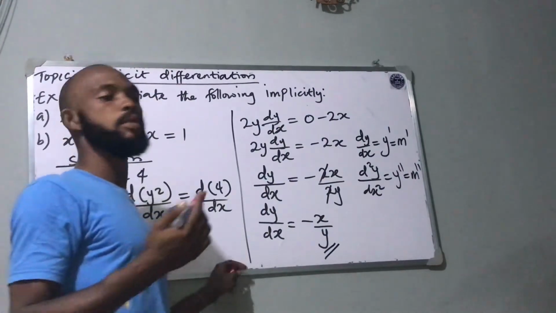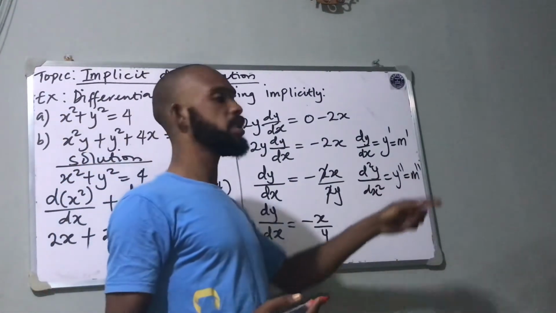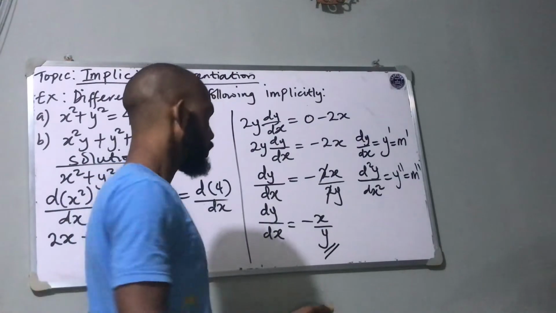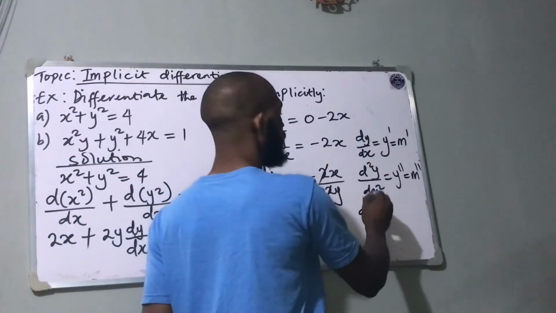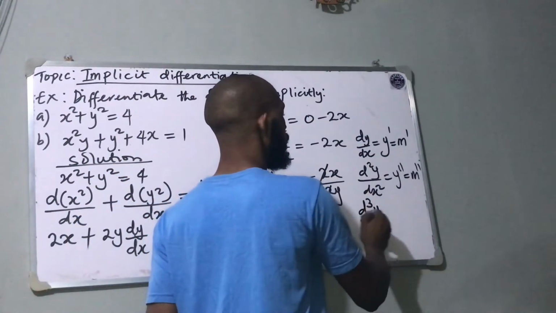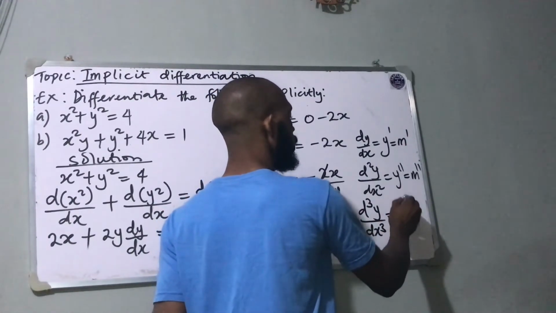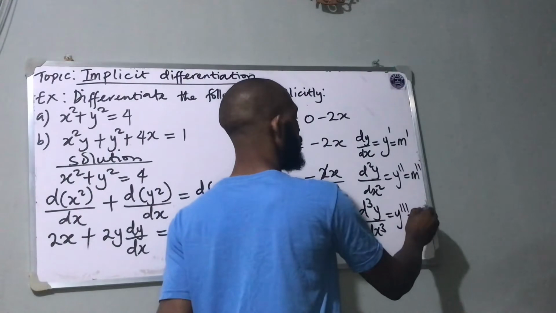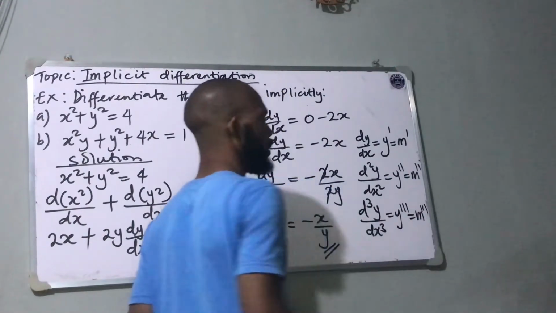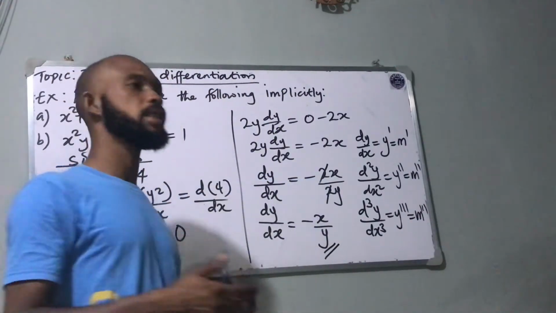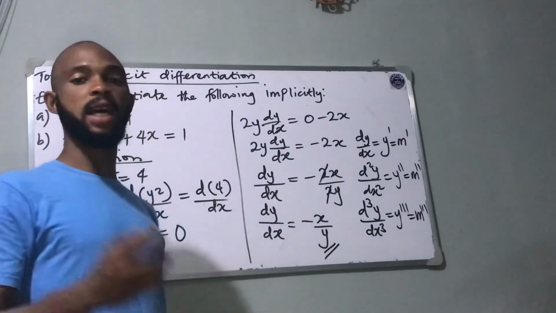Of course, remember that slope, which is m, is the same thing as differentiation. If I differentiate again, I should have d cubed y over dx cubed, which is the same thing as y prime prime prime, which is the same as m prime prime prime. So when you keep on doing that, it follows that pattern.